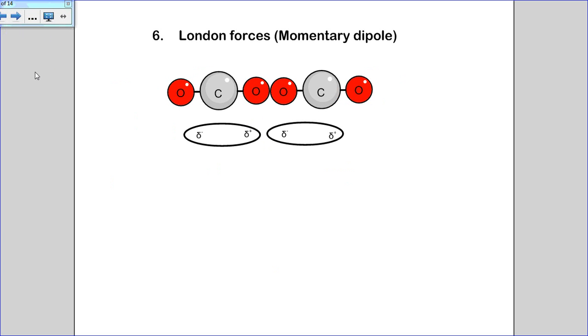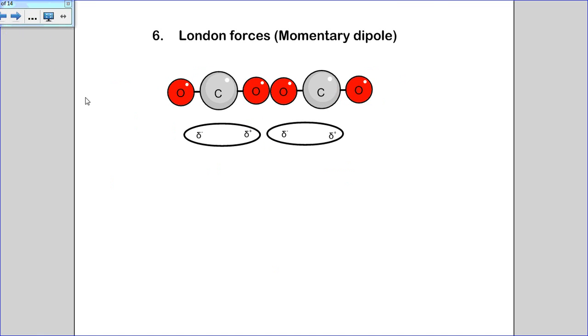For example, oil flows at a slower rate than water, so we can deduce that oil has greater intermolecular forces than water. That is why it has a higher viscosity, and it also affects the vapor pressure, which is how readily a liquid vaporizes.